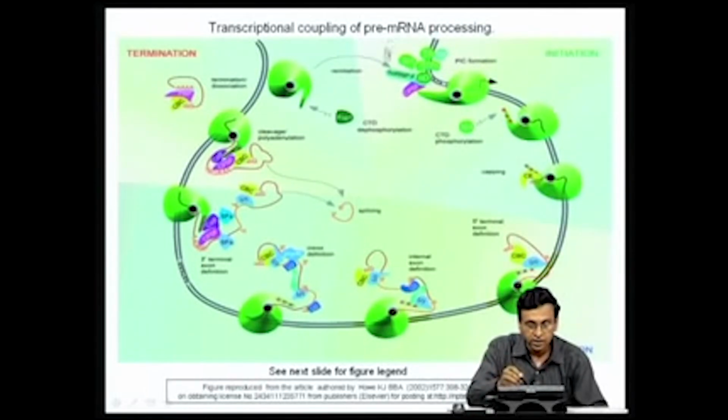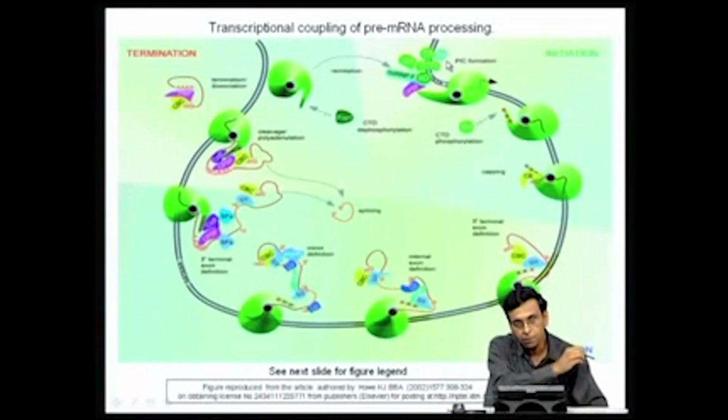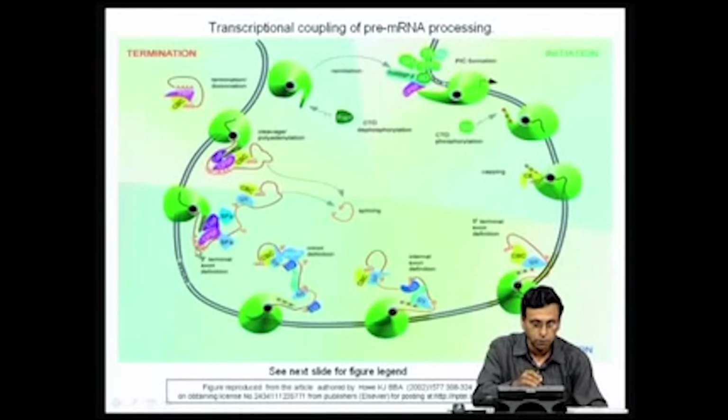So, in addition to the general transcription factors and RNA polymerase II, a factor which is involved in the last step of transcription, RNA processing, also is associated at the beginning of the transcription itself. So, throughout the transcription this CPSF remains bound to the RNA polymerase II, and it is only when the RNA polymerase passes through the AAUAAA signal that this poly-A factor now jumps into the RNA and then cleaves the RNA. Till then they remain associated with the RNA polymerase II CTD.